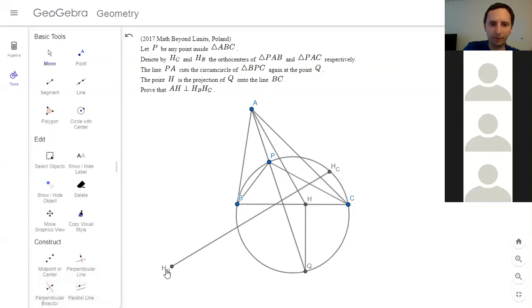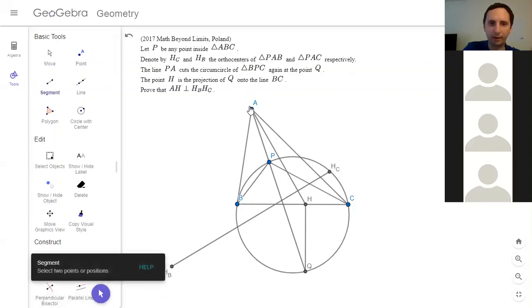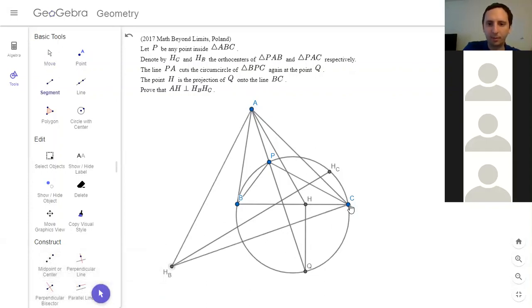So P is the orthocenter of two different triangles, this triangle and that triangle. P is a double orthocenter. And BHC is parallel to CHB. Yeah. Interesting.